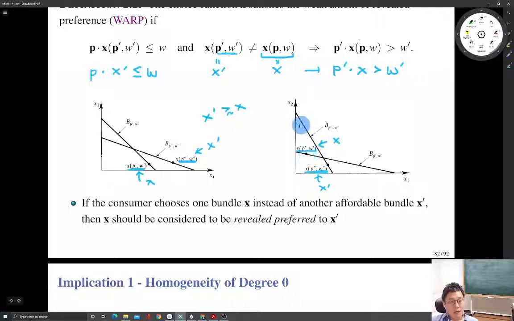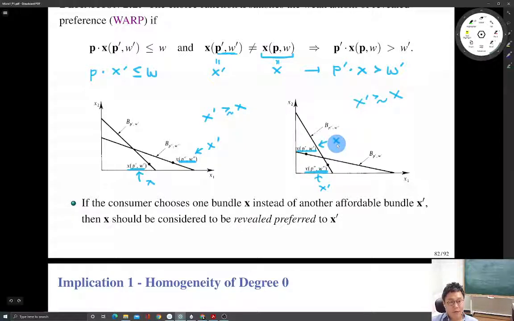So if you think about this budget set, the consumer's choice reveals that he prefers x prime to x. But based on the second budget set, although two bundles are affordable, we observe that the consumer chose this one.